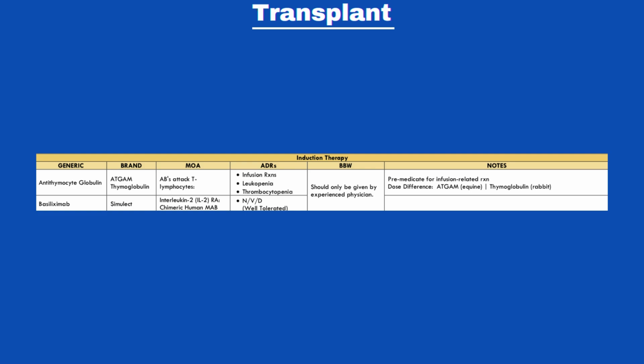Black box warnings: it should only be given by experienced physicians, and you definitely want to premedicate the patient for any infusion related reactions. For basiliximab, you want to look out for any nausea, vomiting, or diarrhea, but for the most part, this medication is much better tolerated by patients.